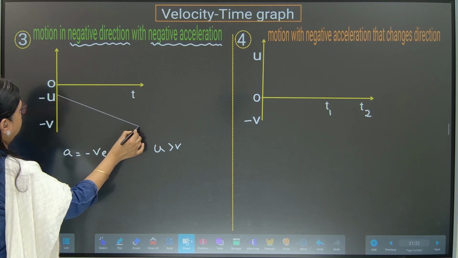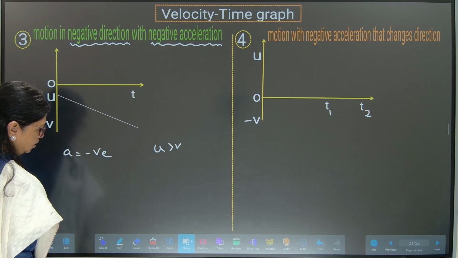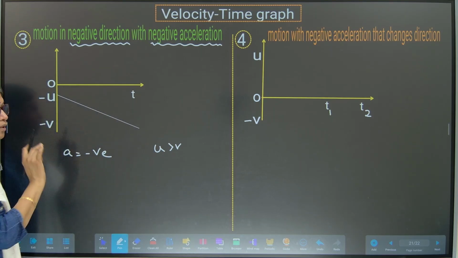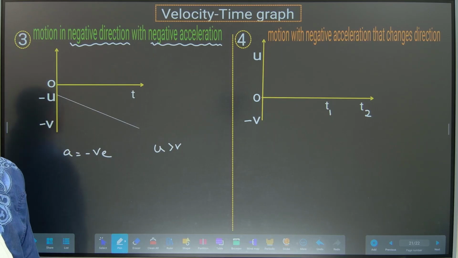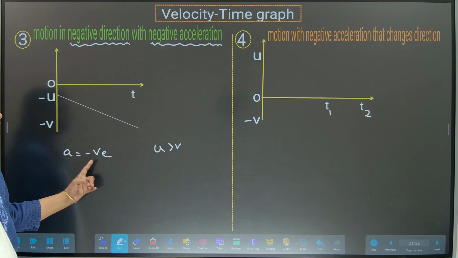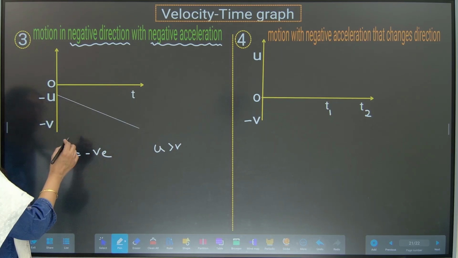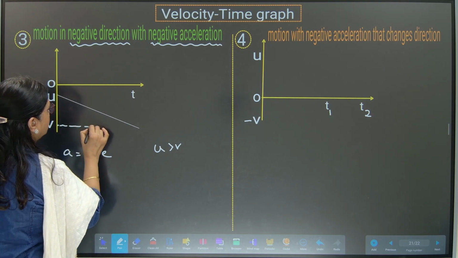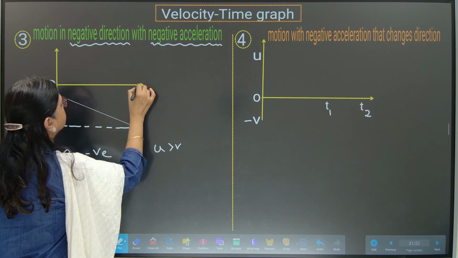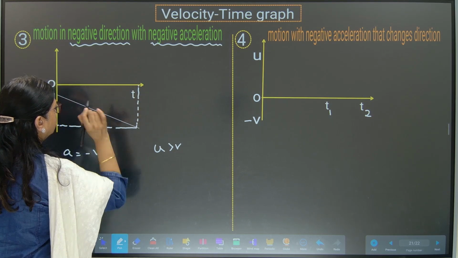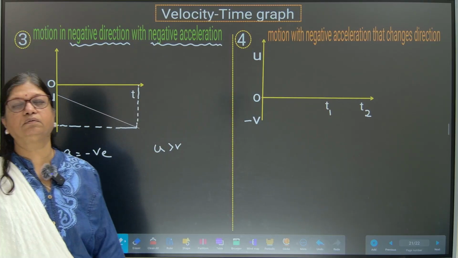Fine. Okay. And we get this kind of a negative slope, negative acceleration. It means it is a retardation. Let me point out this particular. Okay. Fine.